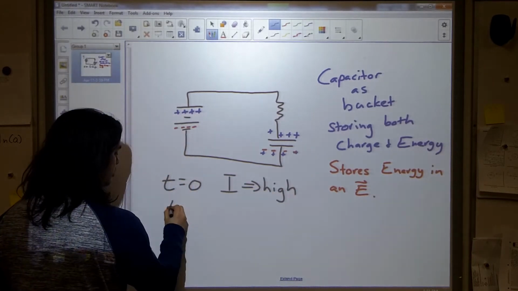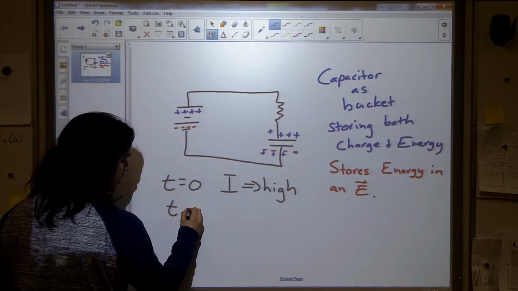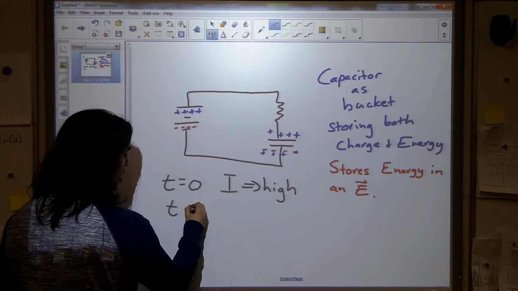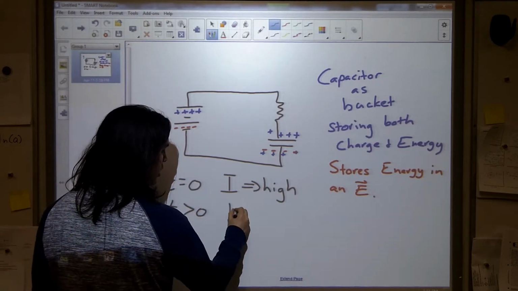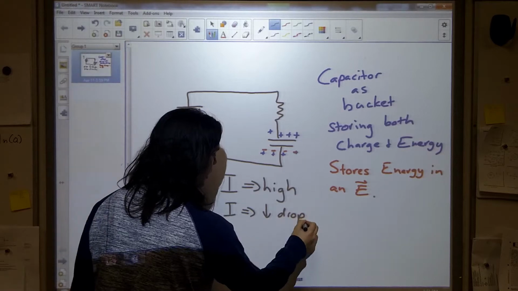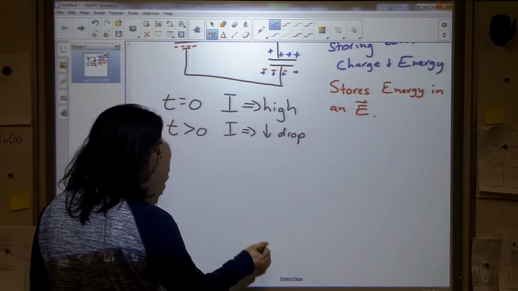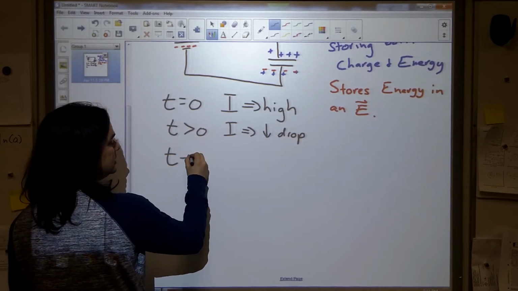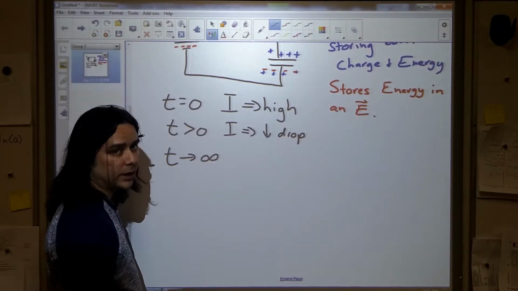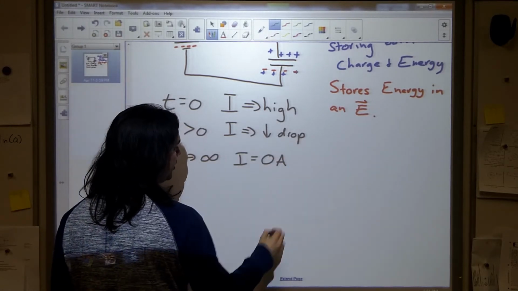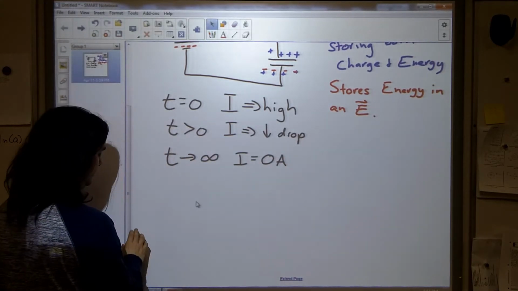But as time goes onward, time greater than 0, our current begins to drop. It gets lower and lower and lower. And eventually, as the capacitor charges, as t goes to infinity, a really long time, the current will actually grind to a stop and become 0 amps.